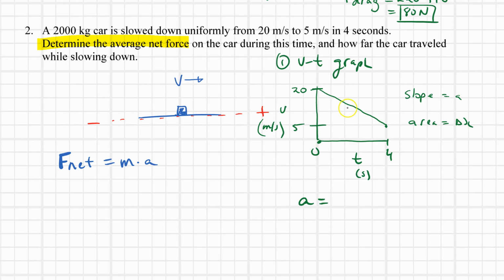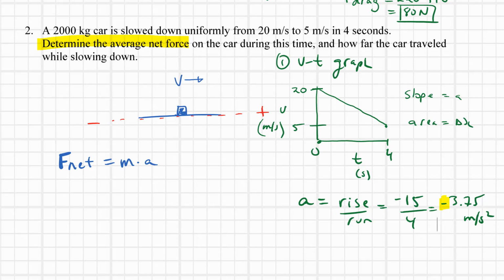It's the rise over the run, and it goes downhill, so it's actually minus 15 divided by 4, so I get minus 3.75 meters per second squared. And just a quick reminder that this negative has to do with the fact that it's moving to the right and slowing down. In other words, it's accelerating in the negative direction.